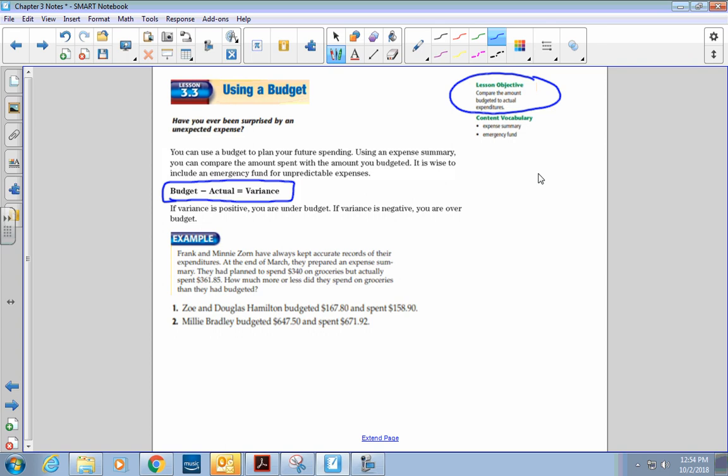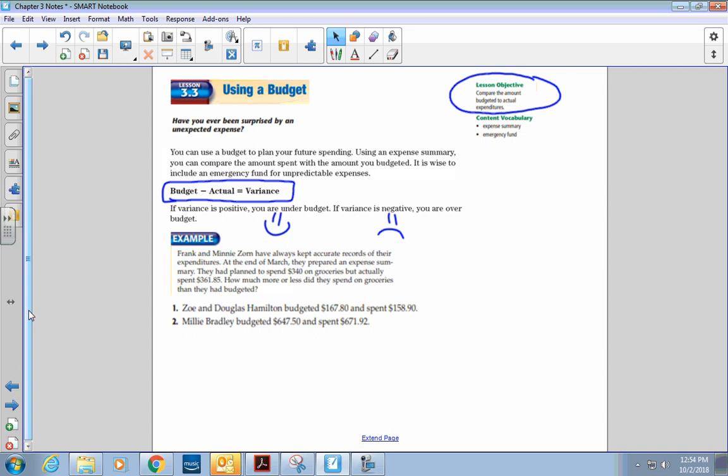So if the variance is positive, you are under budget. If variance is negative, you are over budget. So it's happy face to be under budget, sad face to be over budget. So let me show you how that works with Frank and Minnie.